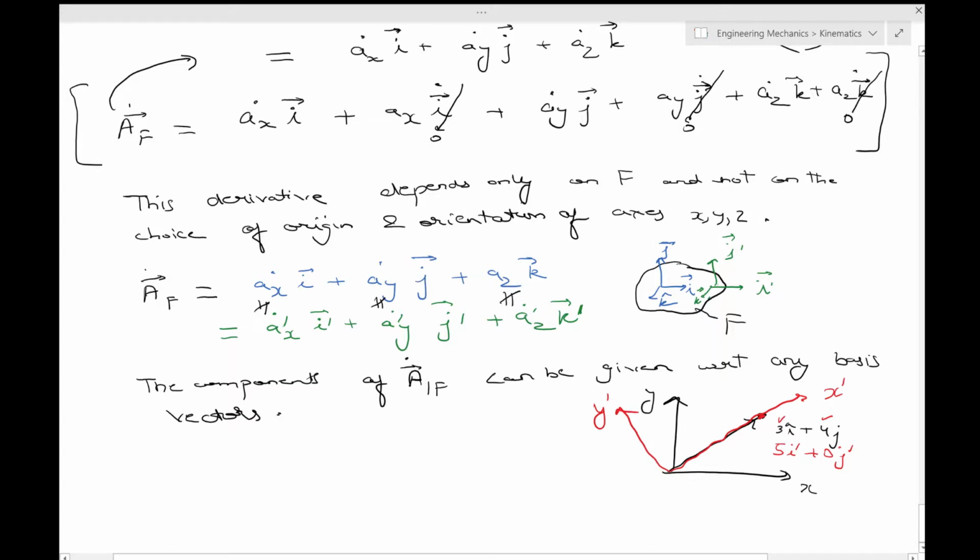In general it will not be true, just like 3 is not equal to 5 and 4 is not equal to 0. So that's the meaning of that. The components will keep on changing, the vector will not change. This vector will still continue to be from over here till over here in this direction. Its representation will be changing depending on what the basis vector is.